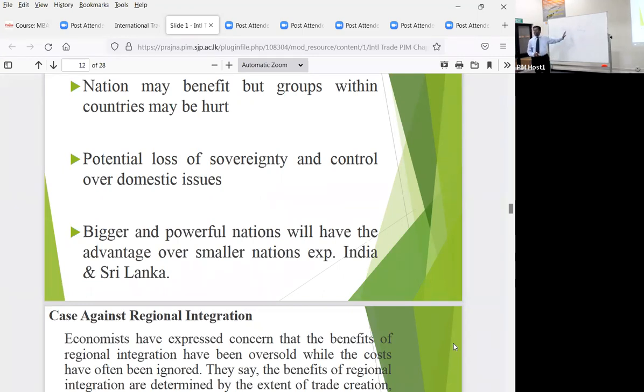Now what happens? The trade has been diverted from an efficient source to an inefficient source. You agreed or not? So trade is being diverted because of the free trade agreement, right? You got the point? Naturally, you import from the most efficient cost. But here, China being the most efficient, we still choose to import from India because of the free trade agreement. So the trade is diverted. The first one, we were told, was trade creation.